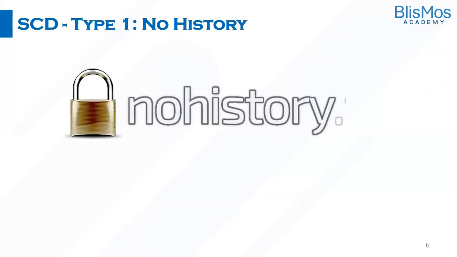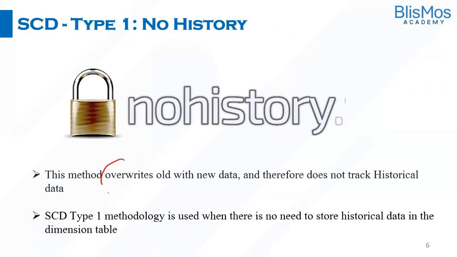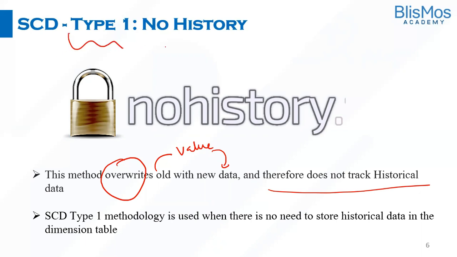Here, we are overwriting the old value in an attribute in a table with the new data. Since we are overwriting, there is no track of the historical data. That is the reason we call type 1 SCD one of no history. It is tackling the changes but without maintaining the history.